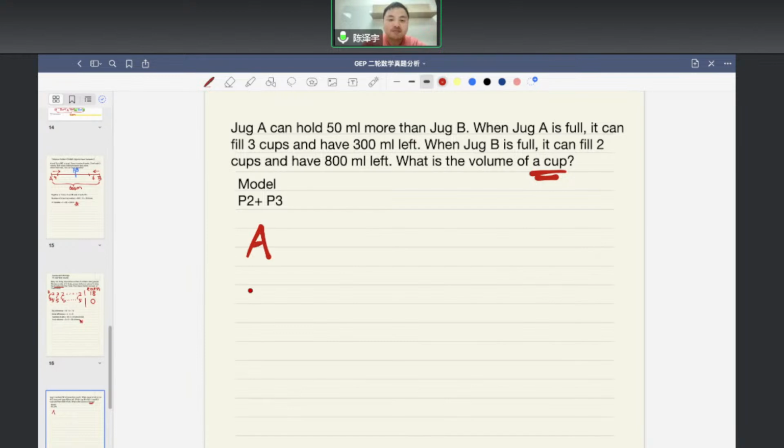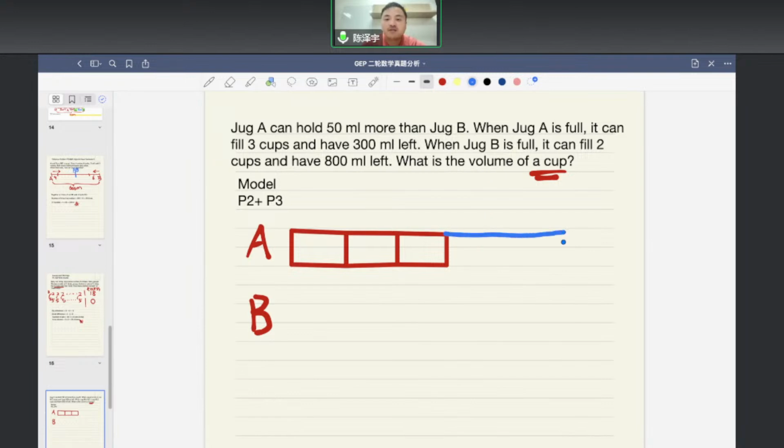We have A and B. If A is full, it can fill 3 cups and have 300 ml left. So let me use 1 unit as 1 cup. So 3 cups, and I have 300 ml left. This one is 300 ml.